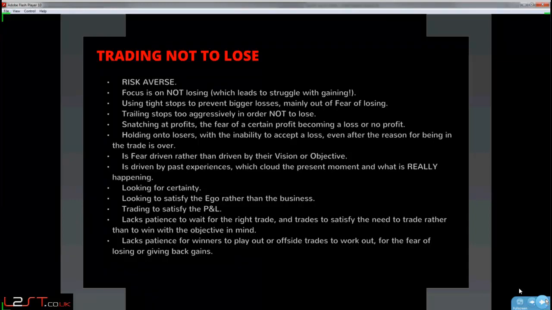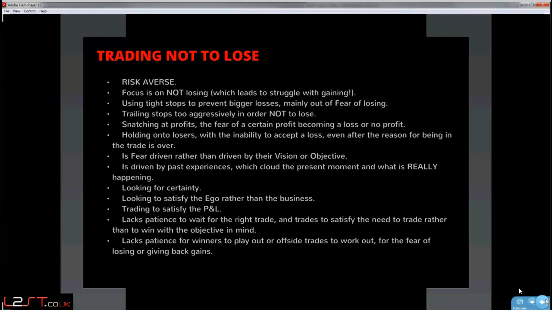Okay, so I wouldn't be surprised if any of you guys are finding some similarities here in the behavior, but it's okay. You got to recognize it first. You got to be aware of it first before you can shift it. So the important thing here is to recognize if you're trading not to lose, and shift more to trading to win.